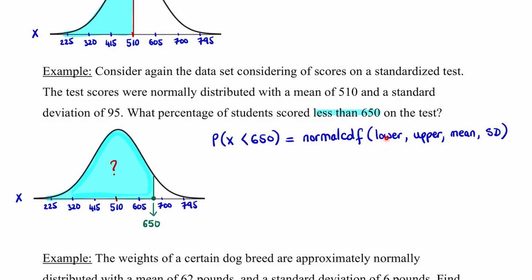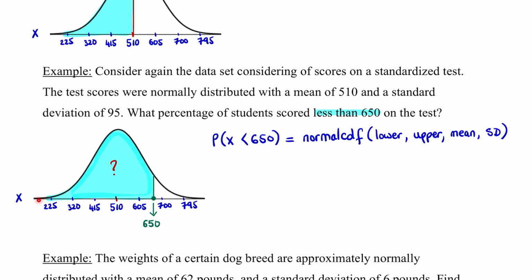To determine the lower bound and the upper bound, you look at the region that you want to find the percentage of. So in this region, I have the right boundary right here. The boundary on the right side is my upper bound, 650. The boundary on my left side is my lower bound. In this case, the lower bound is not 225 because it doesn't stop right here.